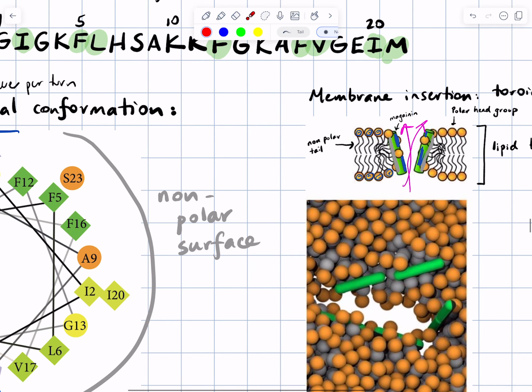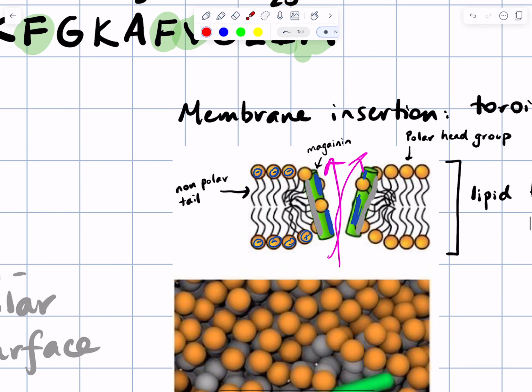So here is a cartoon of a Maganin helix with the nonpolar gray surface interacting with the nonpolar interior of the bilayer, and the cationic or polar surface interacting with the polar head groups.